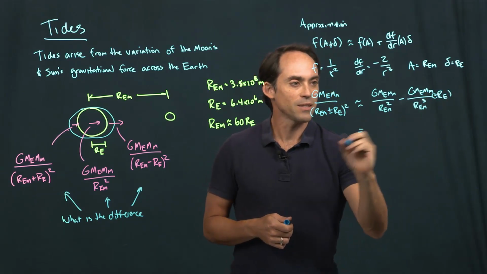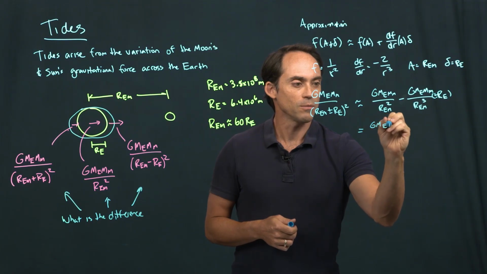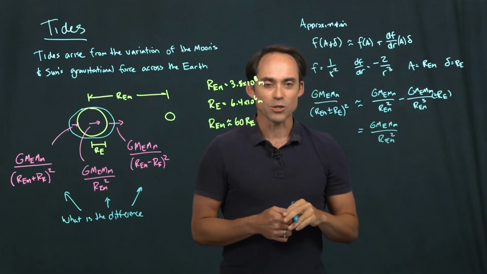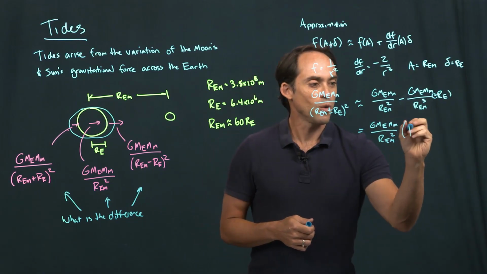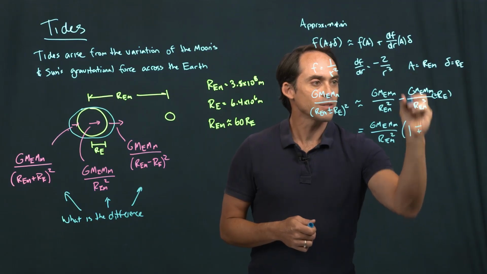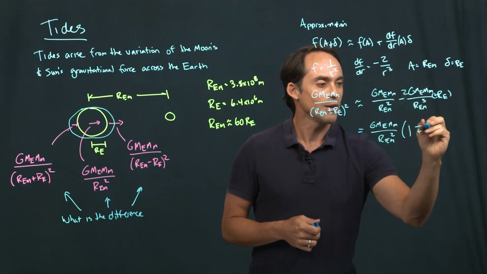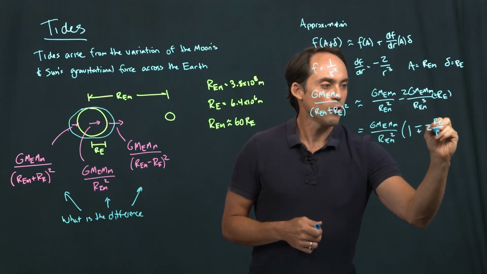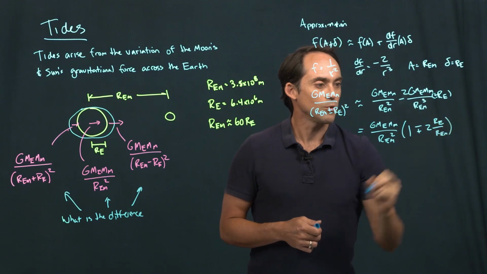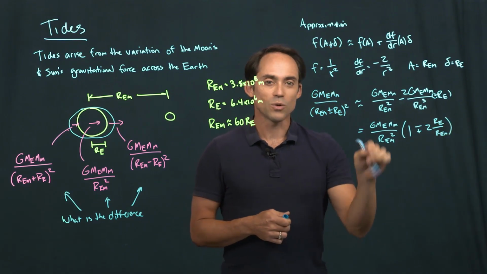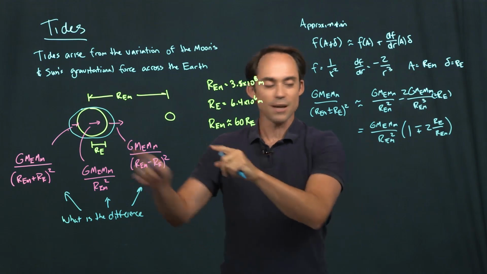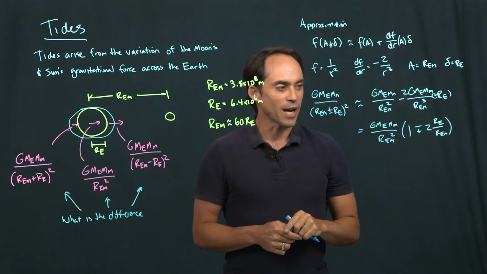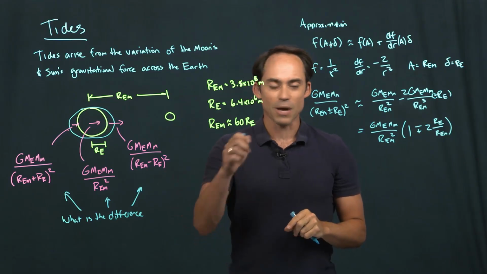If we group our terms, we get our center expression for the force times 1 minus/plus, and I forgot there's a 2 here, so make sure that's in there, minus/plus 2 times R_E over r_Earth-Moon. So the force at these endpoints is equal to our center force plus this small correction factor.